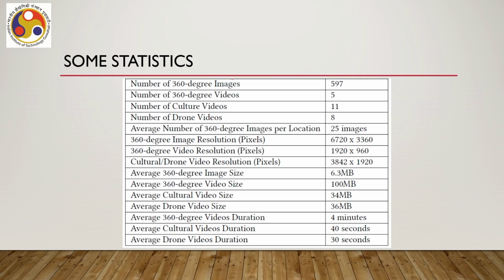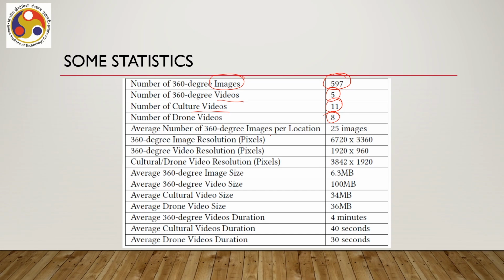The number of 360-degree images that we eventually used was about 600, 360-degree videos that we captured and utilized in our system 5, 2D regular videos capturing intangible cultural aspects 11, drone videos 8.